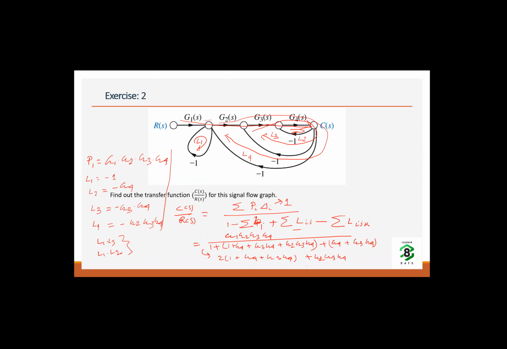So this is your final transfer function. The only thing in this concept is the identification of the loops and finding the non-touching loop combinations. And the rest of the things will fall in line.